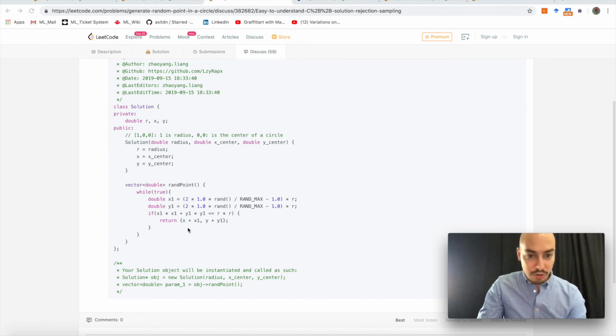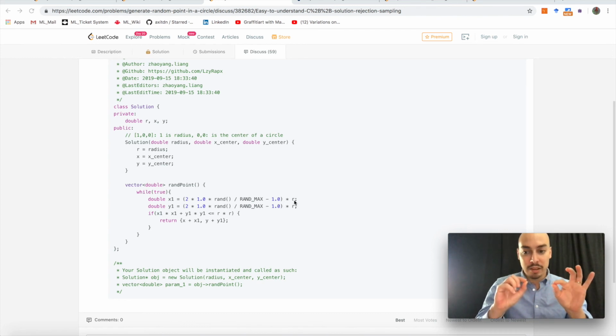So he uses random point generation here and then rescales it to the range of that maximum rand in order to get a range from 0 to 1. He scales it then from 0 to 2 and then subtracts 1 to basically get in the range from -1 to 1 and multiplies that with the radius.